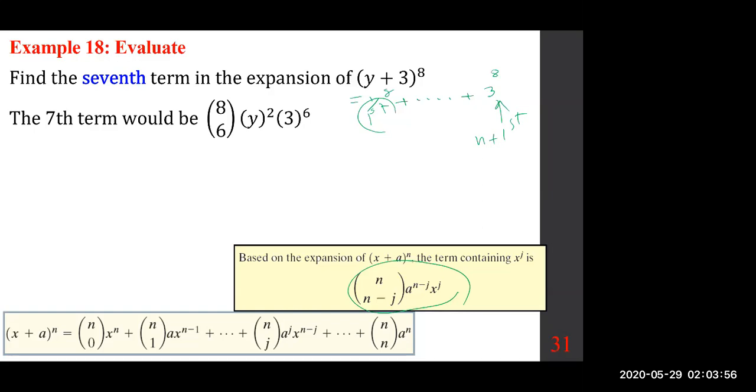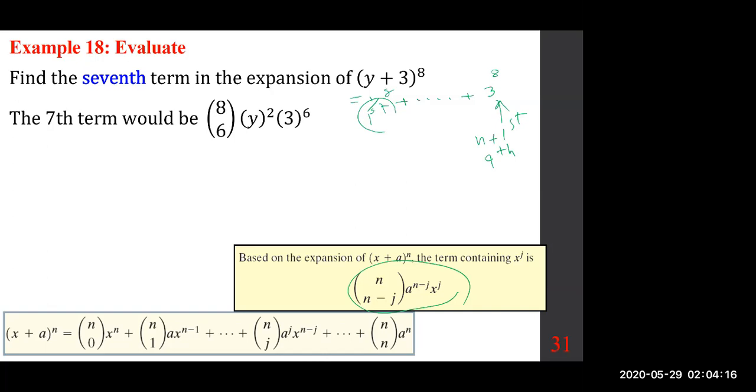So this one is the 9th term. So if we have an exponent 12, we end up having 12 plus 1 terms. That's the idea. Okay, class, I want everybody to follow that. So however many n is, you add 1 to it.